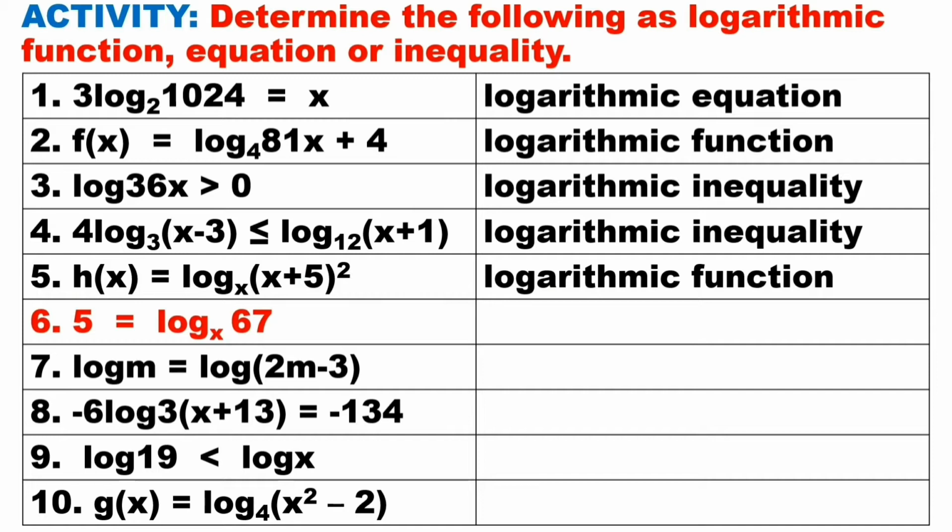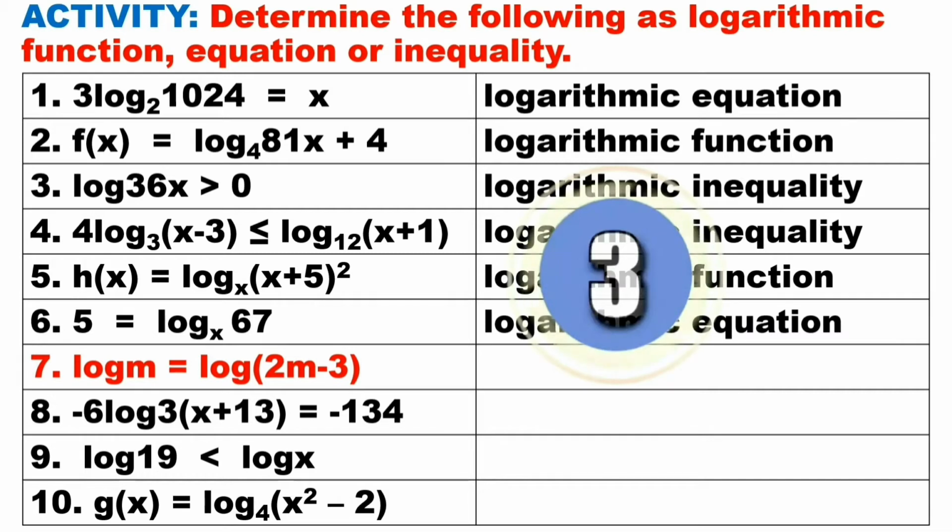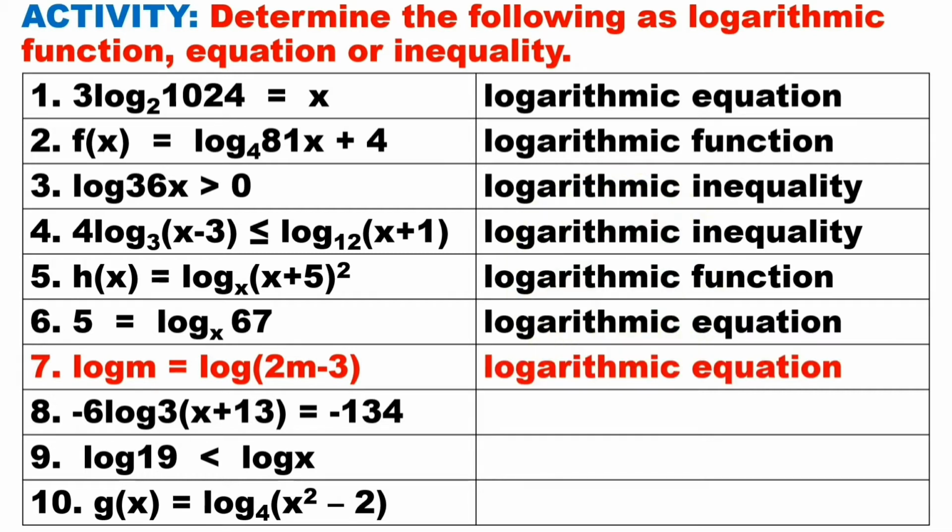Number 6, 5 equals the logarithm of 67 with base x is a logarithmic equation because it has one variable and uses the equal sign. Number 7, the logarithm of m equals the logarithm of quantity 2m minus 3 is a logarithmic equation because once again it has one variable and uses the equal sign.